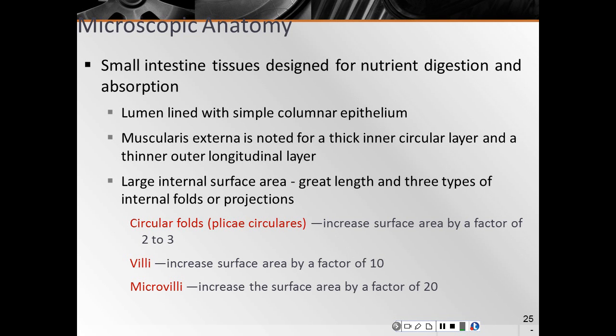We have the villi, which increase surface area by a factor of 10, and they actually look like little fingers or tongue-like shapes. And then we have the microvilli, and they increase surface area by about 20. By 20, I'm sorry.